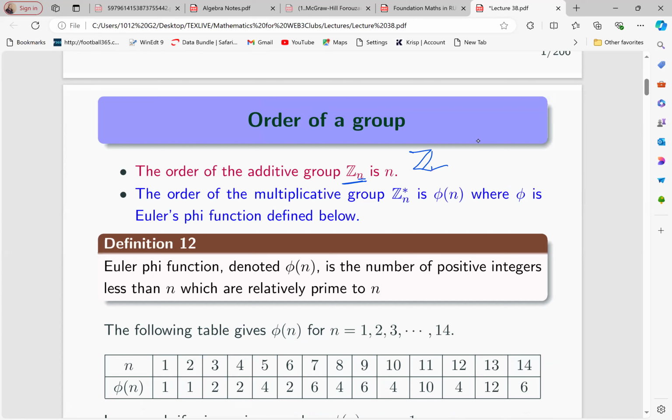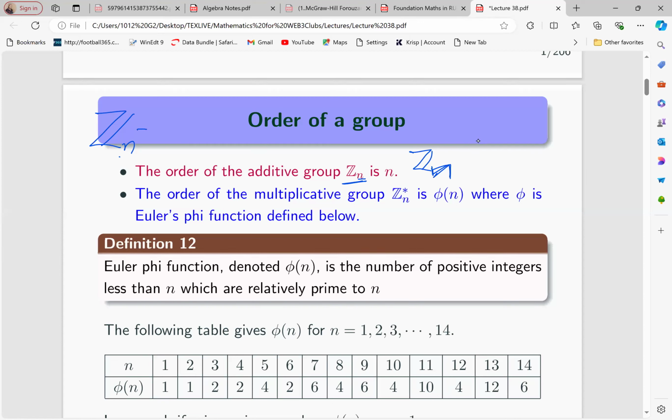So the question is, how many elements does this group have? This group has n elements. So if we have a group of integers mod n, the number of elements in the group is n.